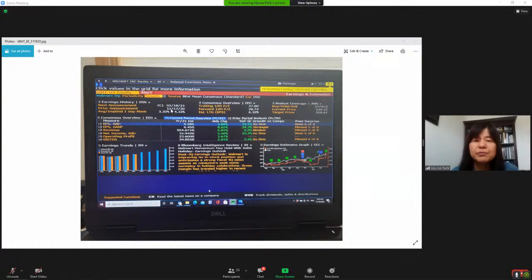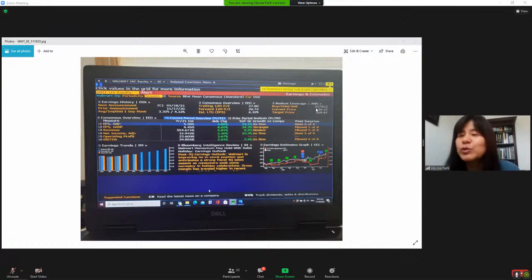All right, so going back to this Bloomberg terminal earnings and estimate function. When analysts analyze stocks like Walmart and issue a buy, hold, or sell recommendation, they must do valuation. Without valuation, how do they make a buy or hold or sell recommendation? So those 27 analysts who issue a buy recommendation, what does that mean?